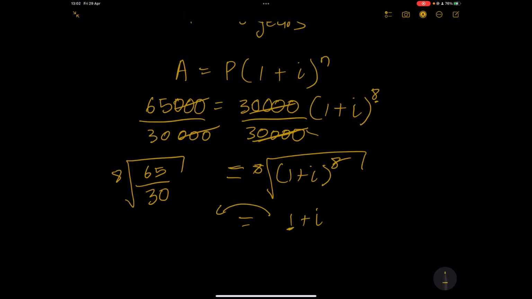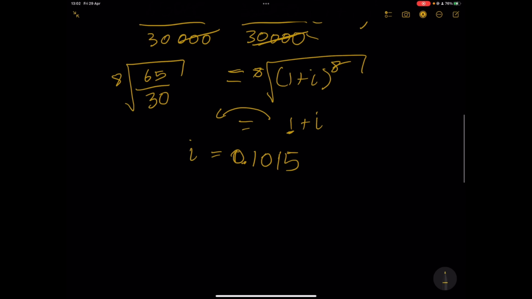So minus the 1, I get I is 0.1015. Let's just round it off to that. But remember, interest rate must be measured as a percentage. So what I still need to do is multiply that value by 100. And so what I get is an interest rate of 10.15%. Okay, so that's if it was compound interest.